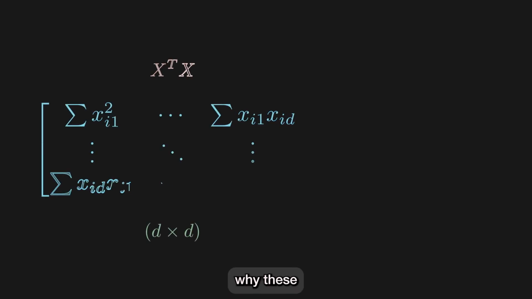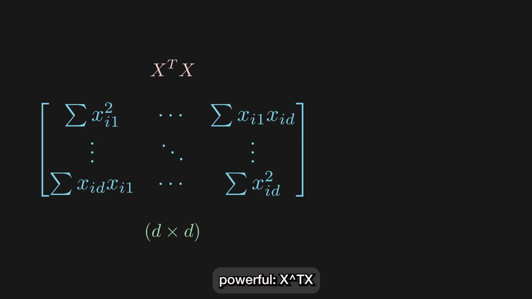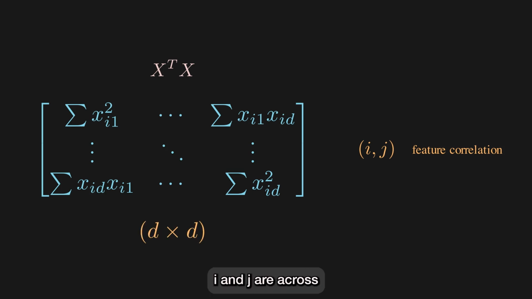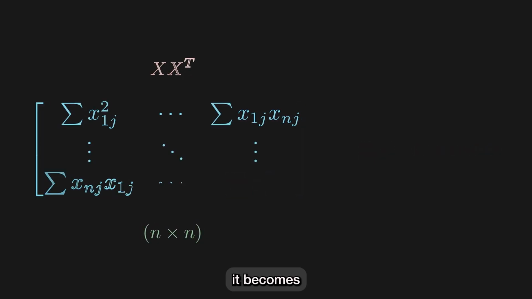Let's examine why these matrices are powerful. X transpose X captures the covariance structure of our features. Each entry ij tells us how correlated features i and j are across all observations. This matrix has dimensions d cross d, as I described before, which means when we have many features, for example large d, it becomes computationally expensive to work with.